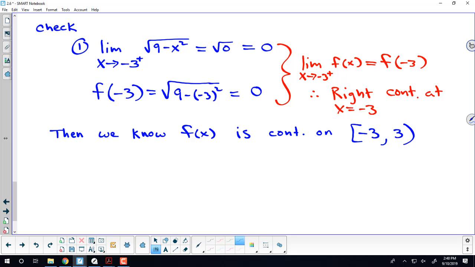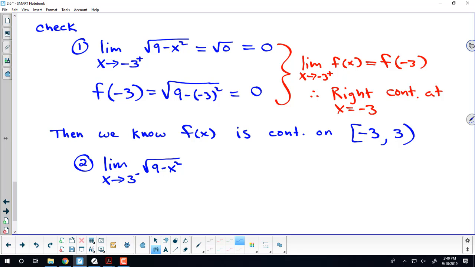because we still haven't computed the limit as x approaches 3 from the left to compare that to the function value. So that's our next computation. What happens as we approach +3 from the left on the square root of 9 minus x squared?